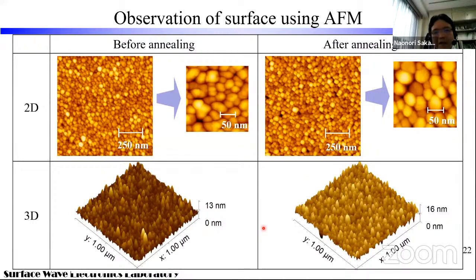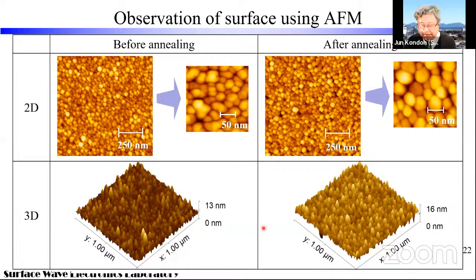And I feel that not only the particle size, but also the shape is becoming a little bit more cubic compared to before annealing. I'm not sure, but such structure may affect the SAW device factors. Could you give some comments on this?